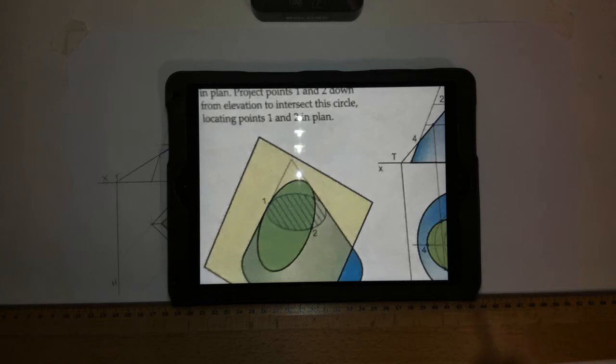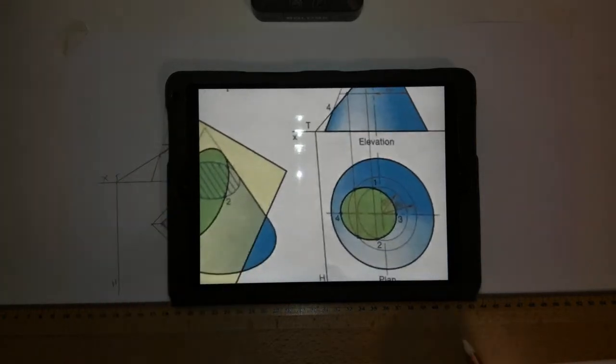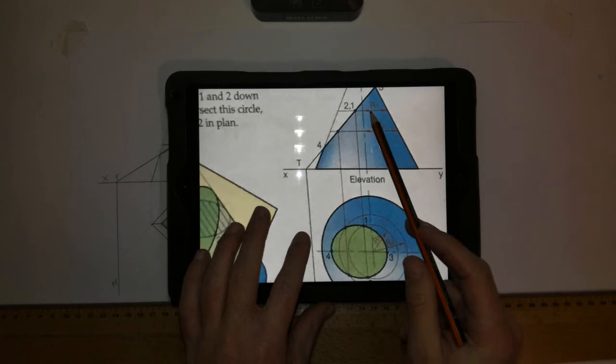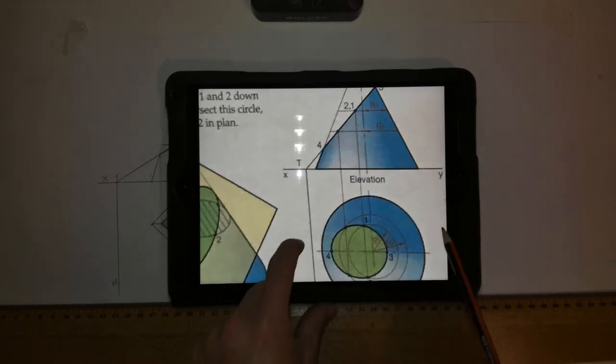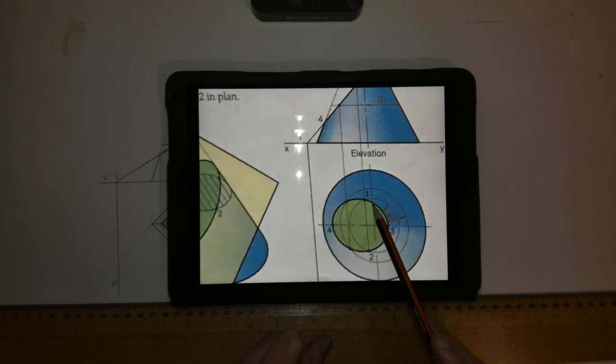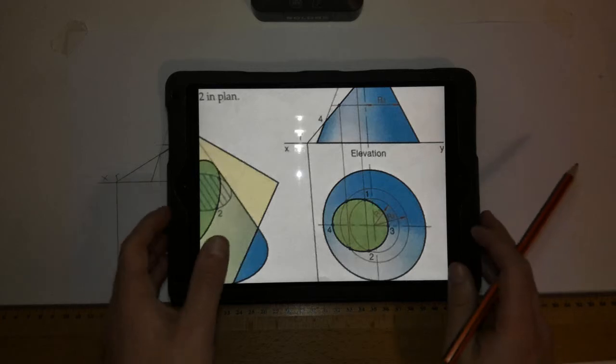That's what we're going to do a number of times to give us enough points to draw our elliptical shape in plan. They're given two examples, radius 1 for one horizontal cut, radius 2 for another, and that's giving us our points as a result.